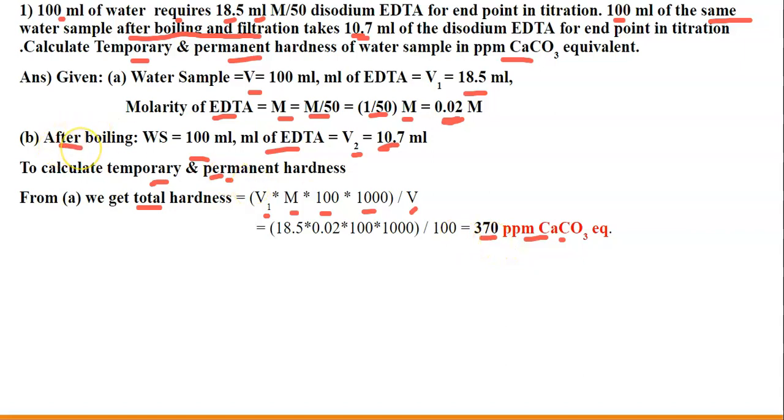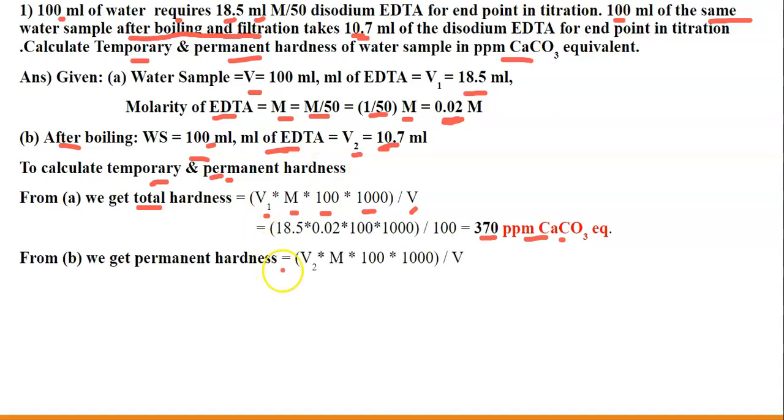Once you boil the water and filter it, we know temporary hardness is removed. So if we put the details of the water sample and how much EDTA is required into the formula for calculating hardness of water, we are going to get the permanent hardness, because after boiling and filtration, temporary hardness gets removed and permanent hardness remains in water.